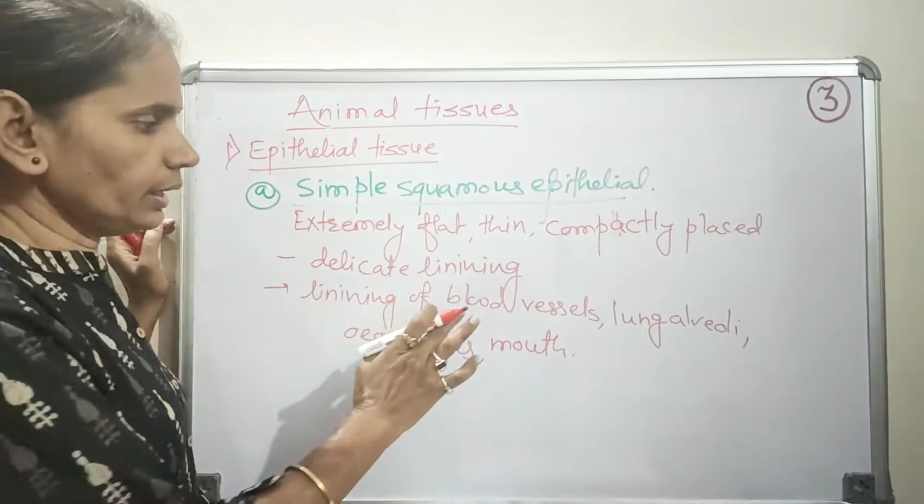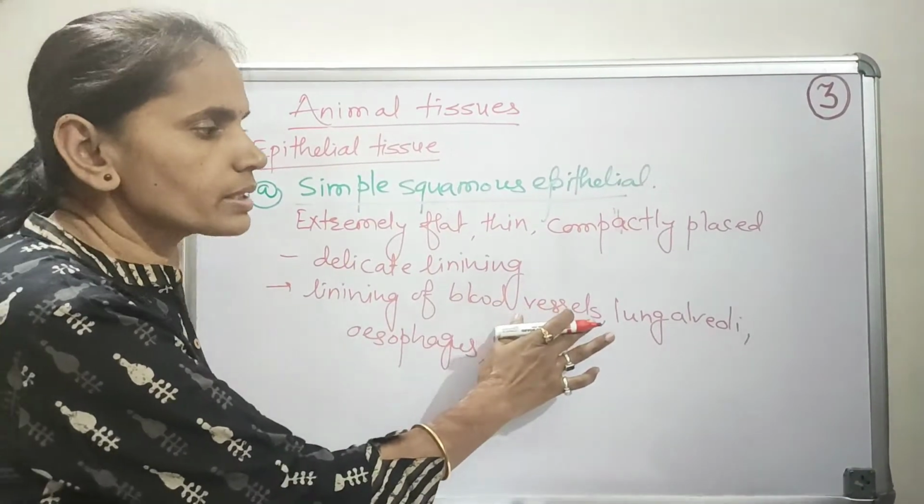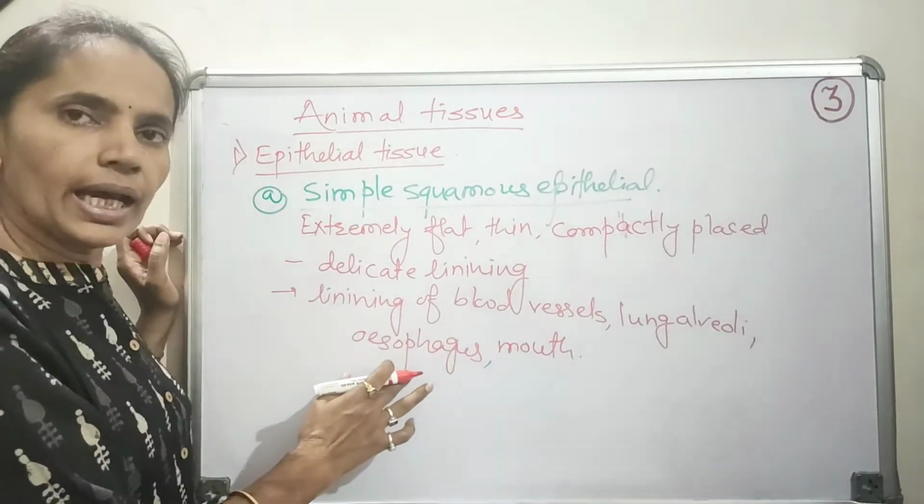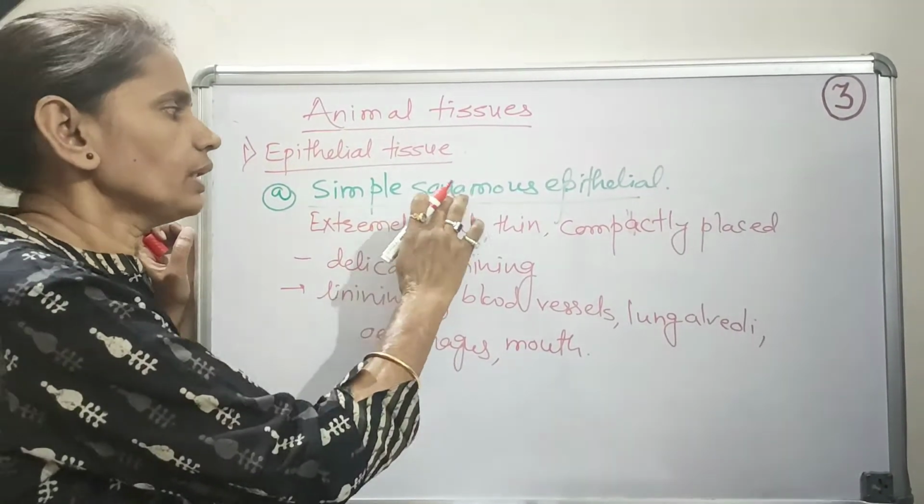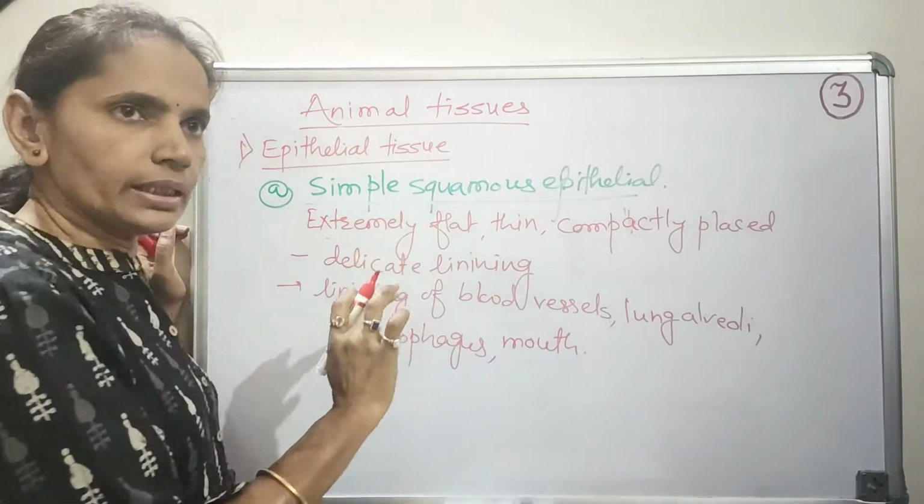So specifically, the lining of blood vessels, lung alveoli, mouth and esophagus has simple squamous epithelial cells or tissue.